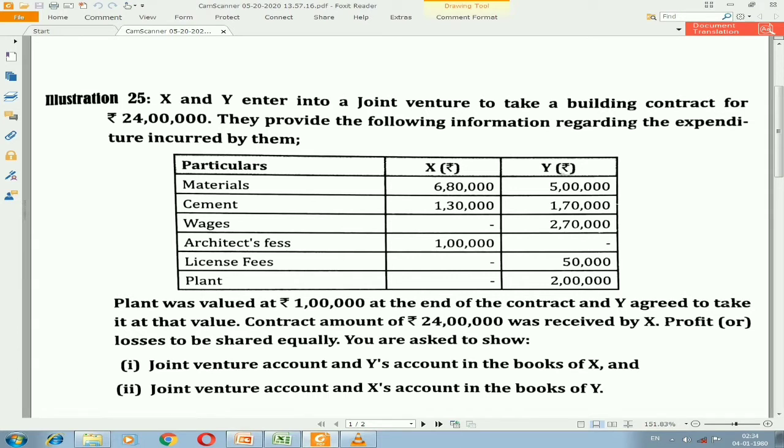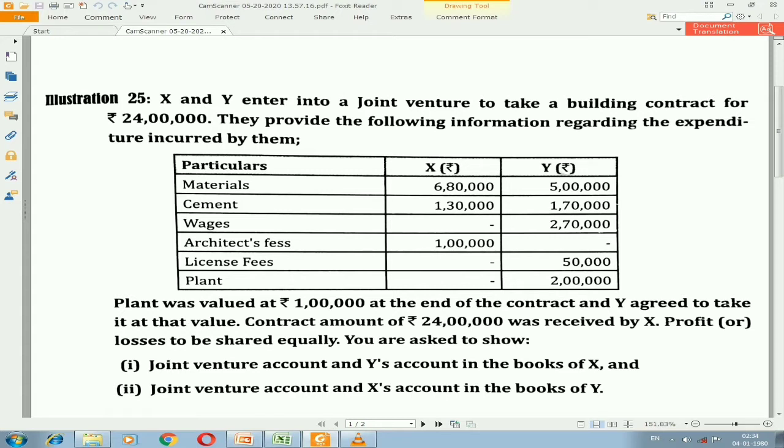X and Y enter into a joint venture to take a building contract for rupees 24 lakhs. They provide the following information regarding the expenditure incurred by them. The expenditures are materials, cement, wages, architect's fees, license fees and plant. Some amounts are given for X co-venture and some for Y co-venture.